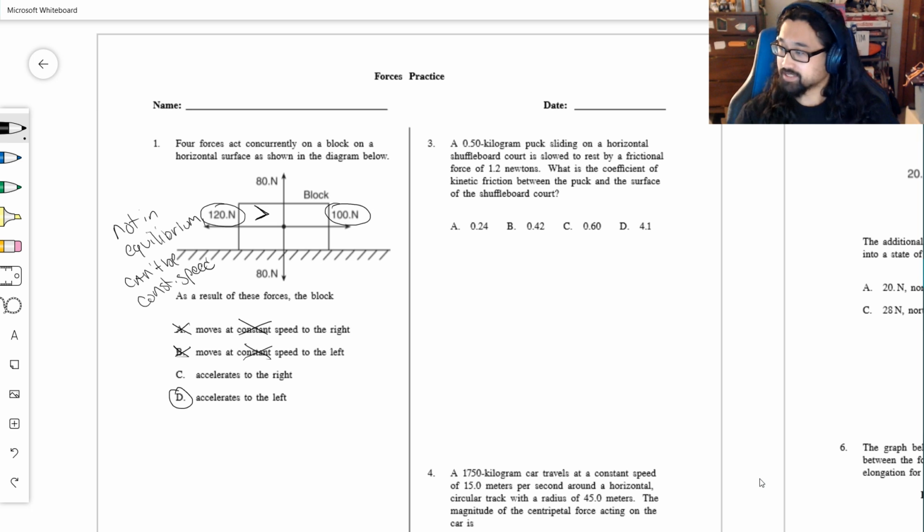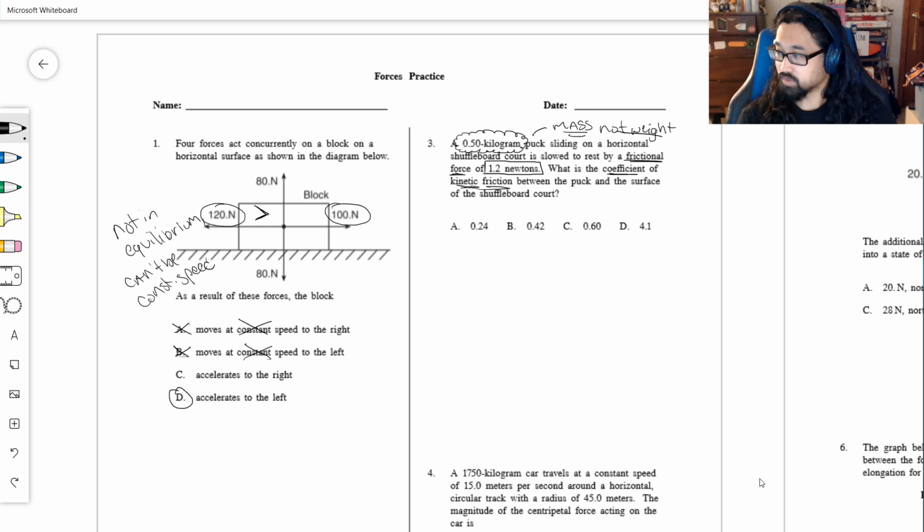Number 3 is a little more difficult. They give me the frictional force is 1.2 newtons. I want to know what is the coefficient of friction. And the important thing to realize, this is mass. This is not weight.